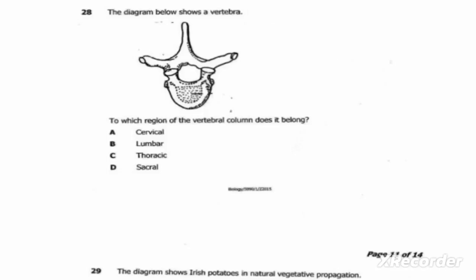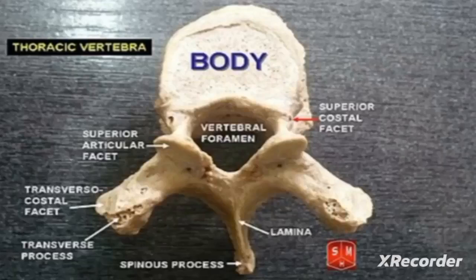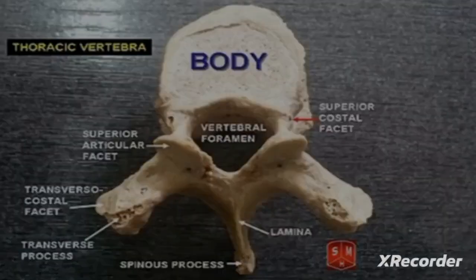Question 28, the question reads, the diagram below shows a vertebra. To which region of the vertebral column does it belong? A. Cervical. B. Lumbar. C. Thoracic. D. Sacral. Okay, so we have the thoracic vertebra here.